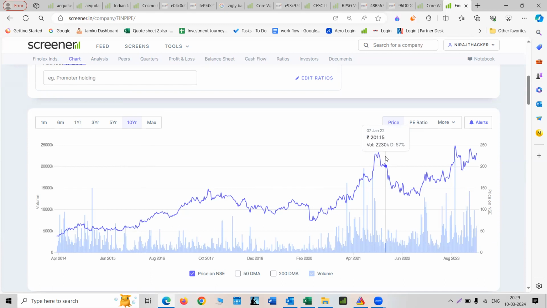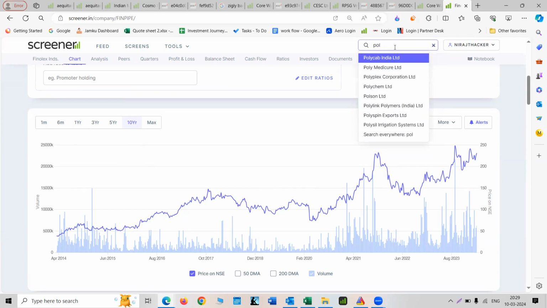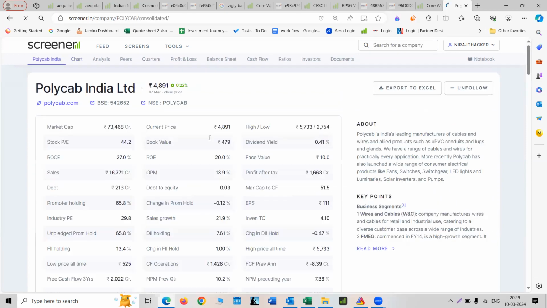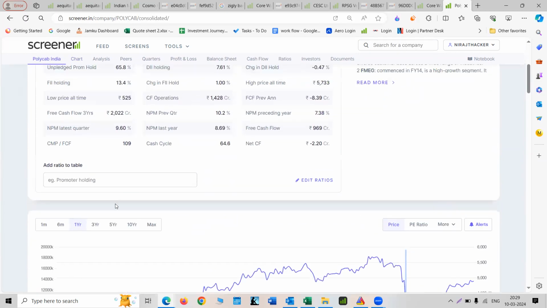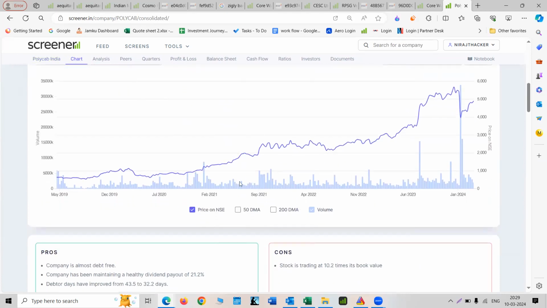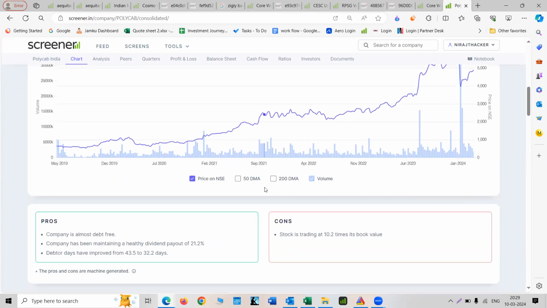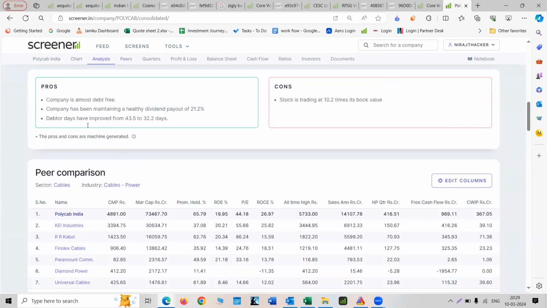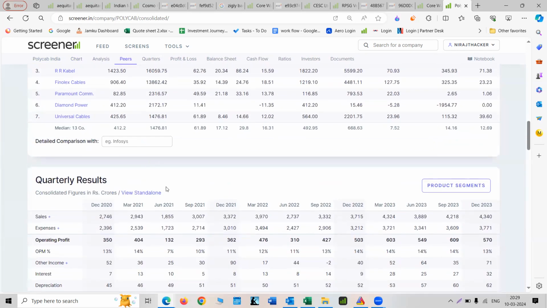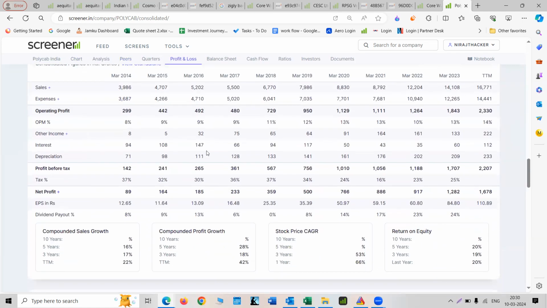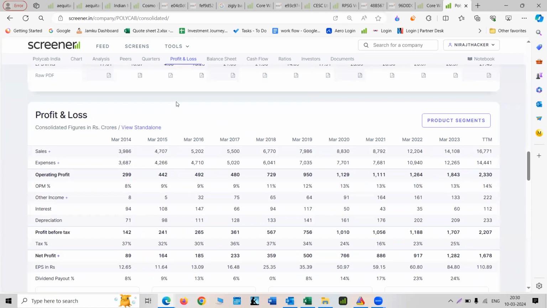Now who is the industry leader? Polycab. Okay, same industry. Now let's see 16, 17 and that Polycab, how sales was growing for Polycab. Okay, 2019 only we have data. So let's compare Polycab. 2014, see the growth, 5,200, 5,000.